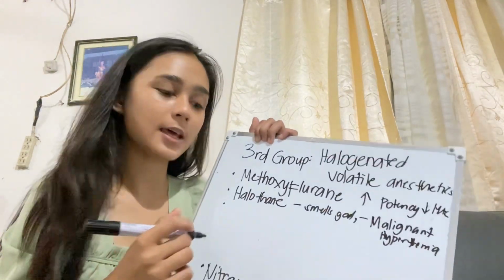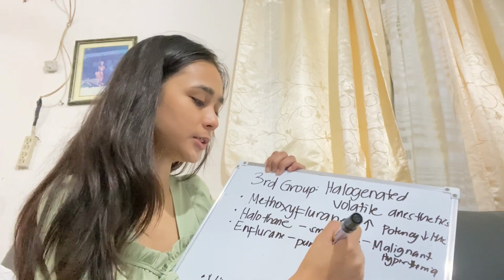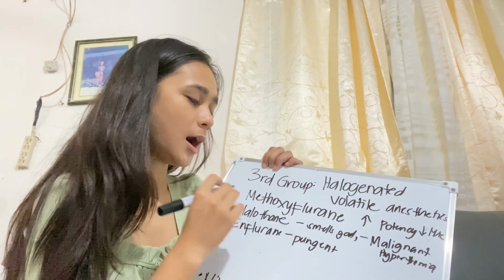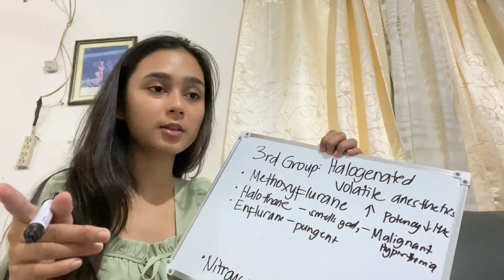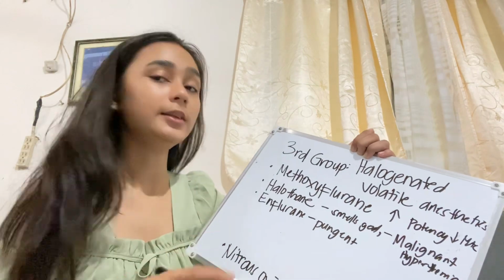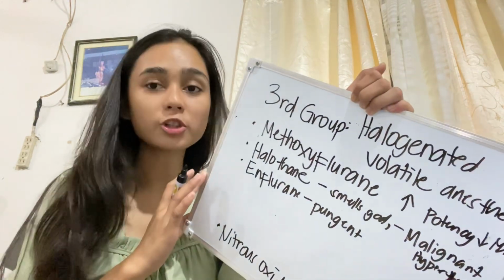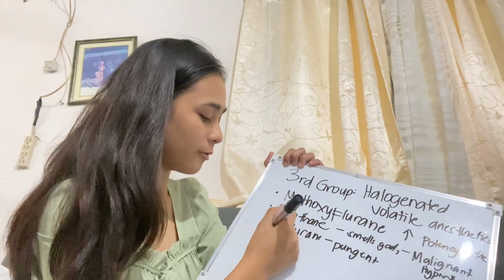Next one is enflurane. It is pungent, so it does not smell good and is not good for kids. Halothane smells good, so it is good for kids. Enflurane also causes kidney damage because it releases fluoride, and is contraindicated in patients with seizures. Next drug we have is isoflurane.